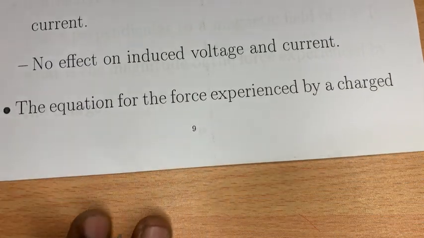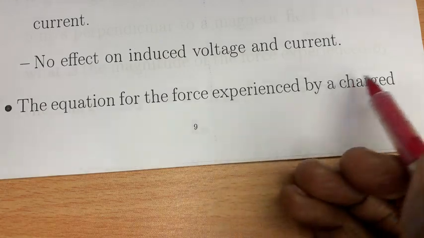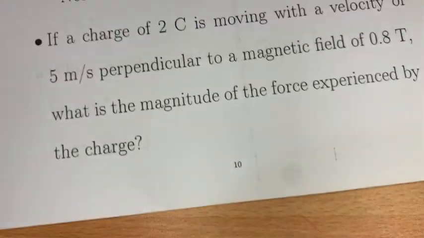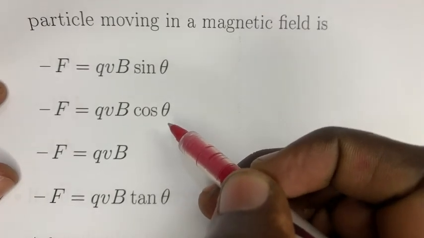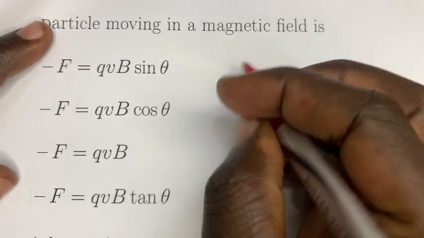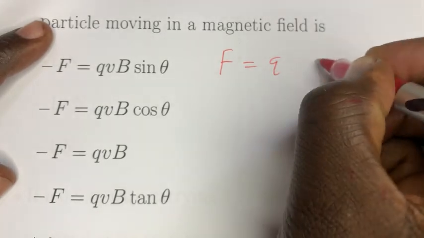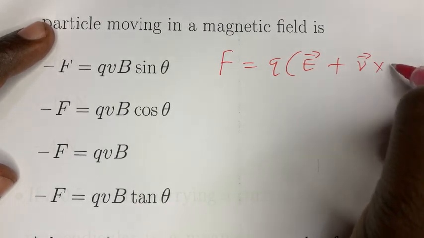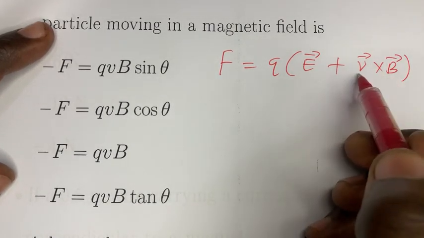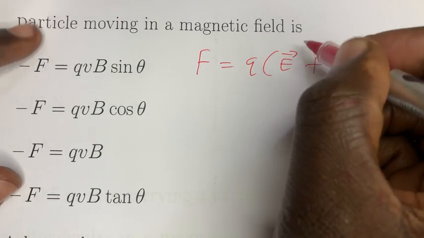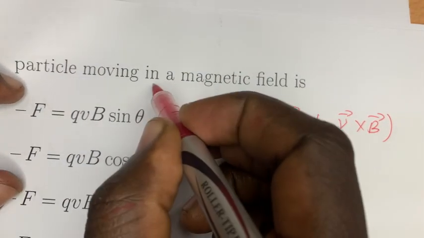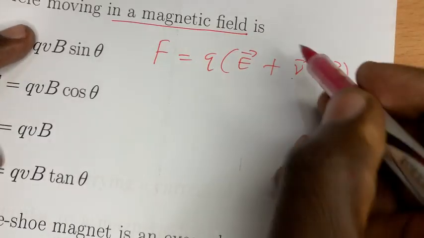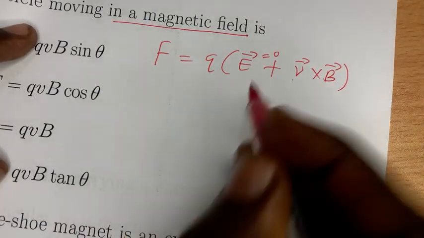Okay, next, the equation for the force experienced by a charged particle in a magnetic field is, okay, this one comes from the Lorentz force. Don't forget, for the Lorentz force, F is equal to Q times electric field plus the cross product of these two. Now, if it is only a magnetic field, because here they say in a magnetic field, you don't have the electric field, so E is 0.